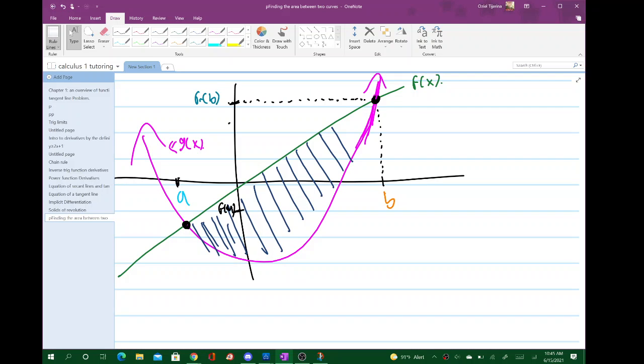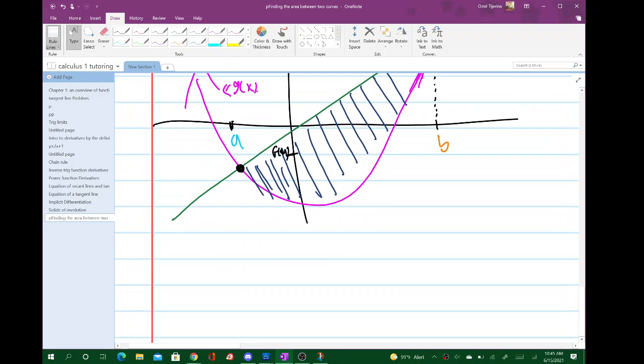Okay, so I'm going to try to explain this as best I can. The integral, or the area between two curves, is defined by the following.